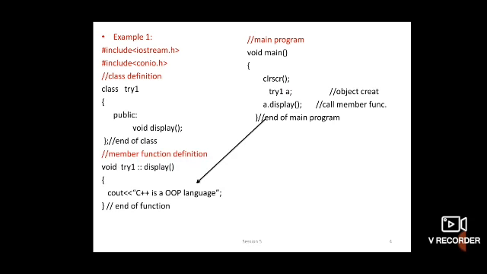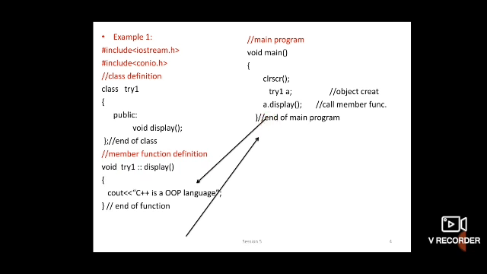Then the pointer goes to A dot display. When the pointer goes to A dot display, it jumps to display and runs this function. Whatever is written in the function, that statement is run. After the end, it comes back to the main program, then the end of the main program.